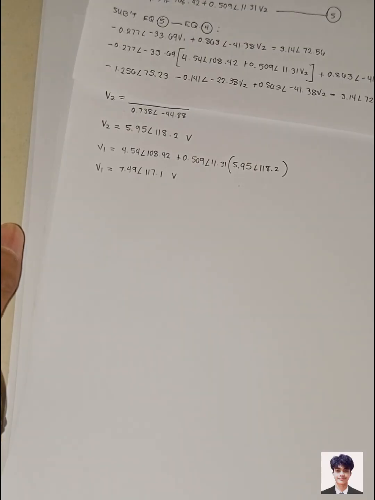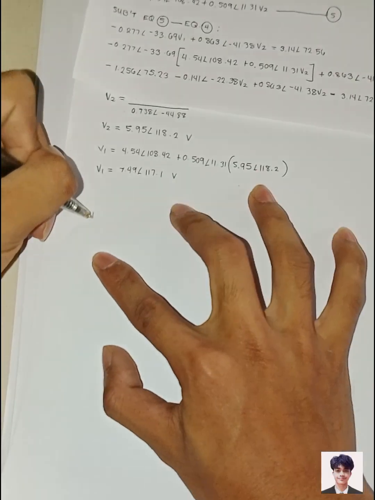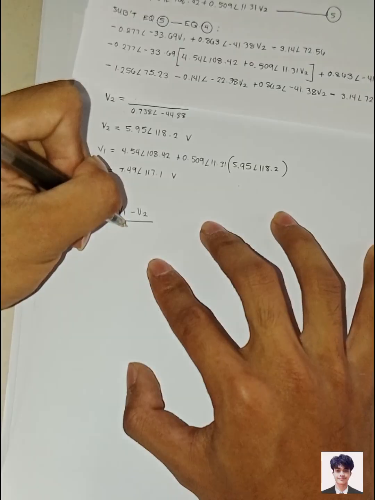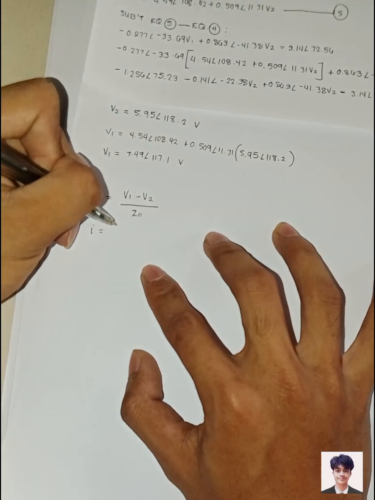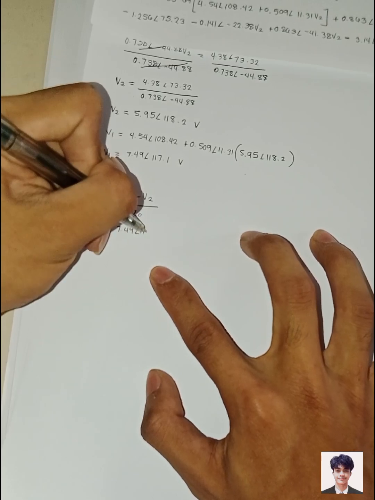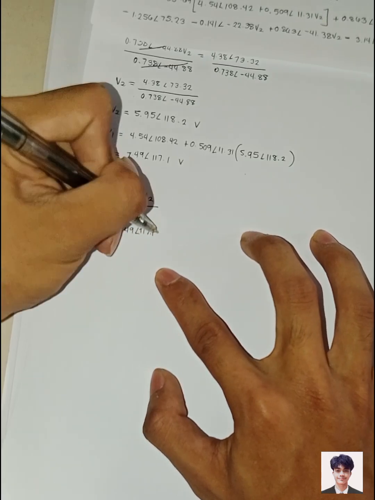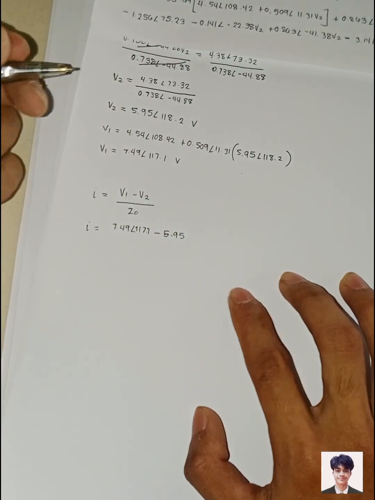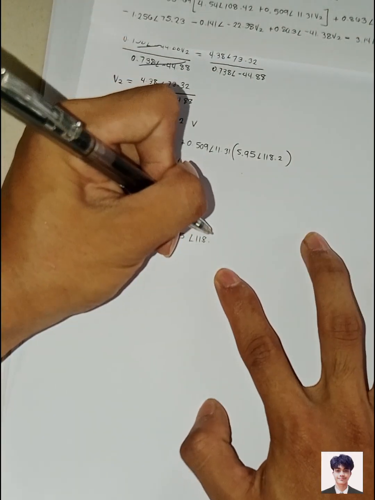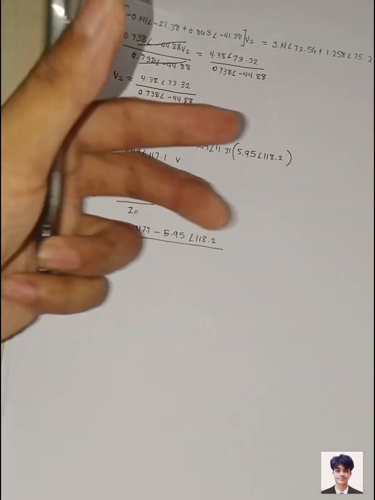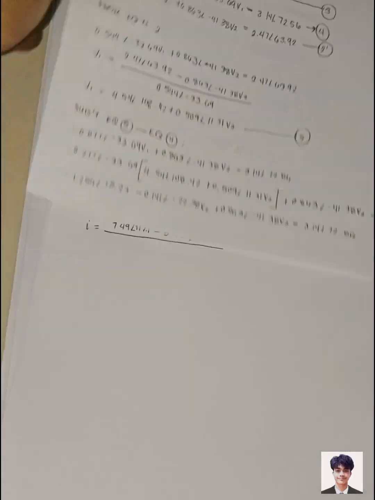We are going to find the current I. This is the equation we are going to use: I is equal to V1 minus V2 over the impedance. Our impedance is this one, 3 plus 2J.